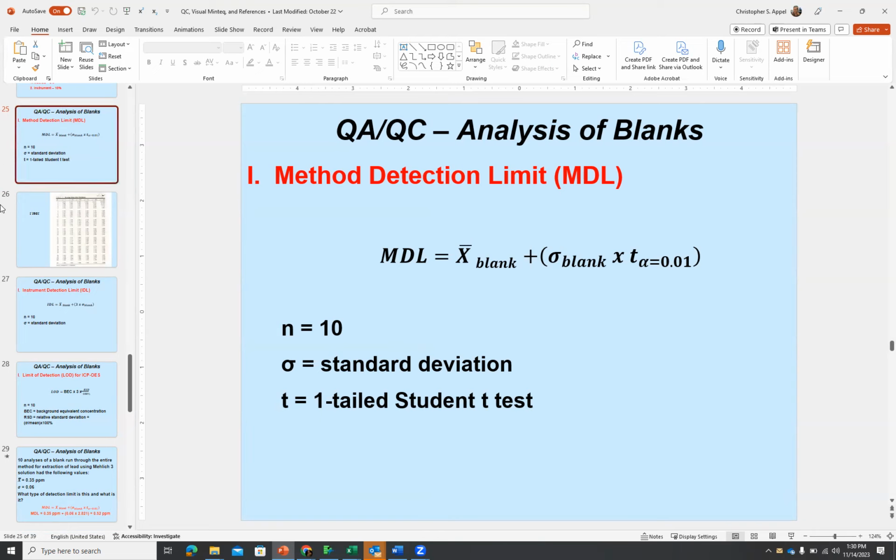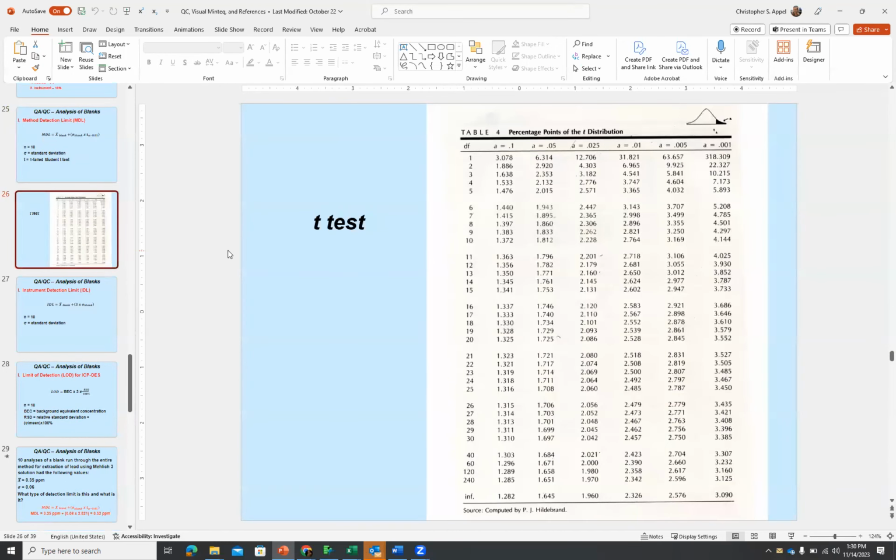So it'd be good for you to just have that formula in the back of your mind, because I'm going to move on to the student t-test, and it's in your notes somewhere too. So the student t-test is here.